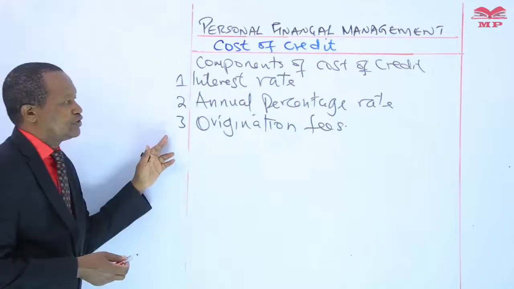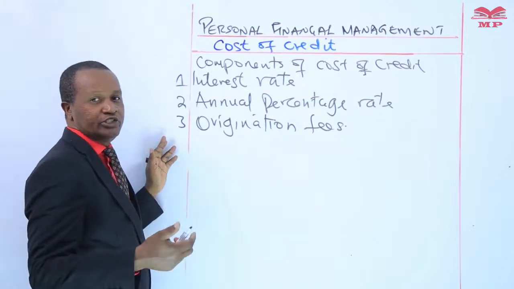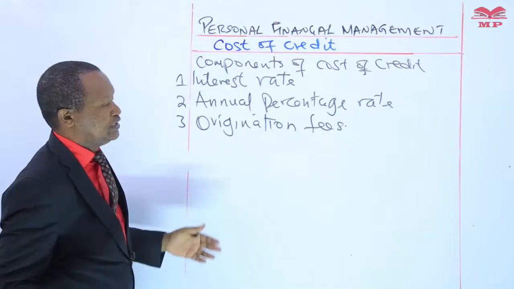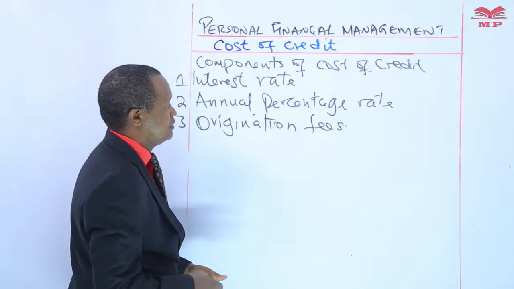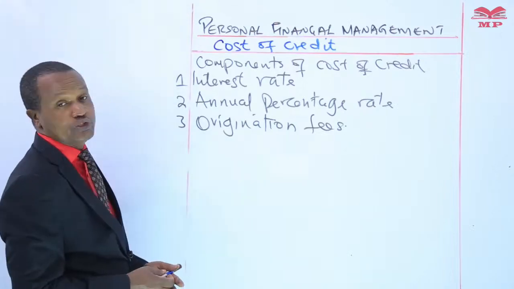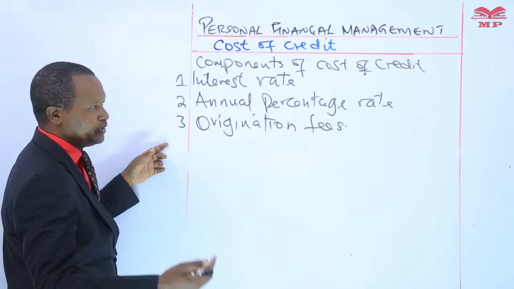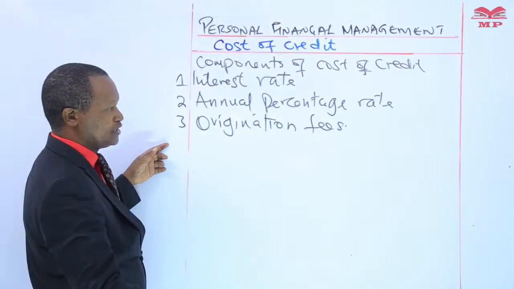These origination fees can be a percentage of the amount, or they can also be a flat rate, depending on the bank or the financial institution. Origination fees, the amount you pay for processing of the loan application.